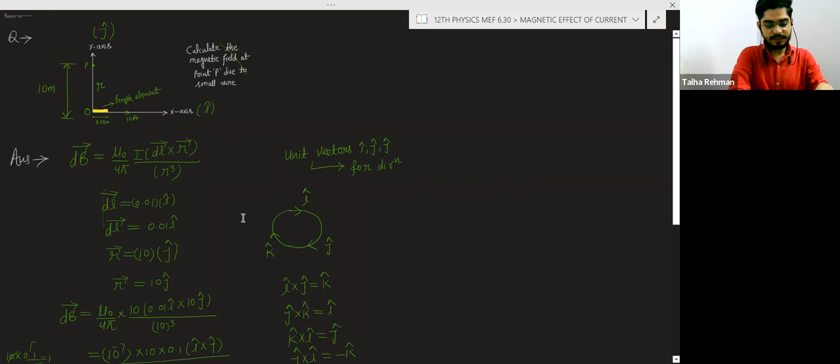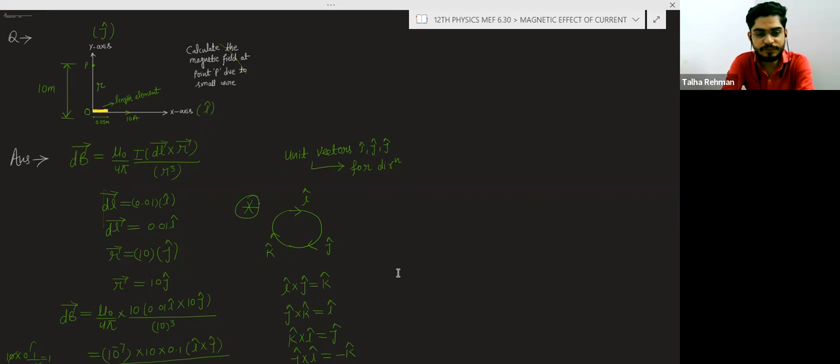Please remember this thing during your 12th class at least. This circular one, if you are moving in the direction of the circle, then you will take the positive sign of the vector. If you are moving in the negative direction, then you will take the negative sign. Throughout the 12th class, those who have mathematics will have a chapter on three-dimensional geometry in 12th class.